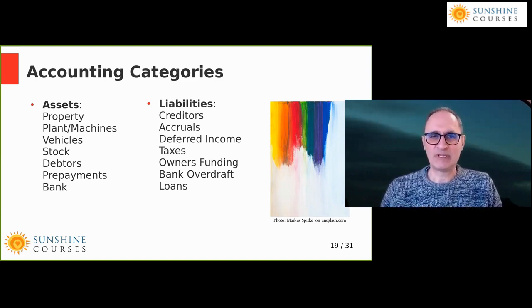But the key point is, at the point at which you pay the money, even though it goes out in that month, and even though you receive the shelving in that month, the benefit to the business, the expense, takes place over a 1, 2, 3, 5, 10, 20 year period. And your accounts need to reflect that.